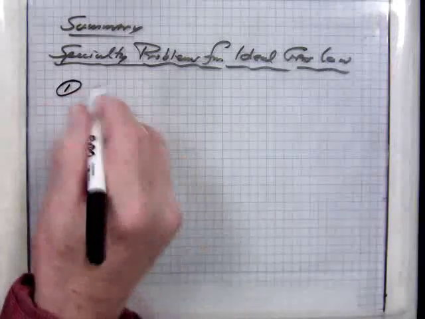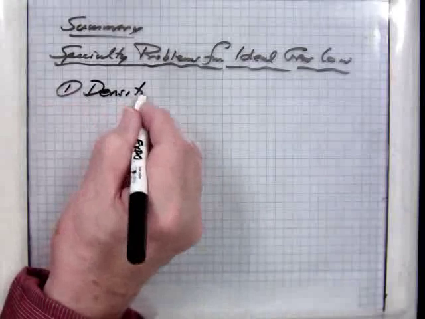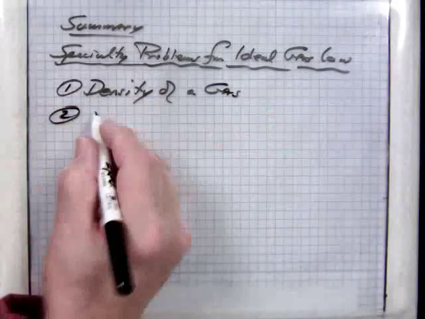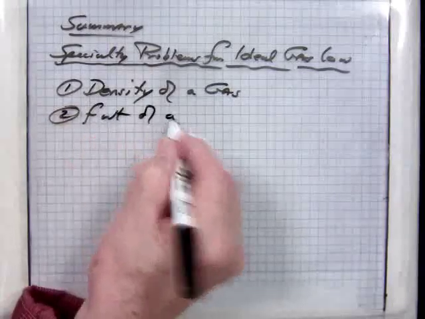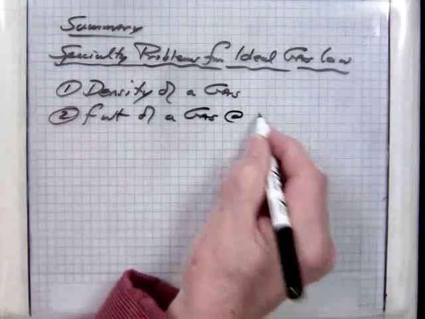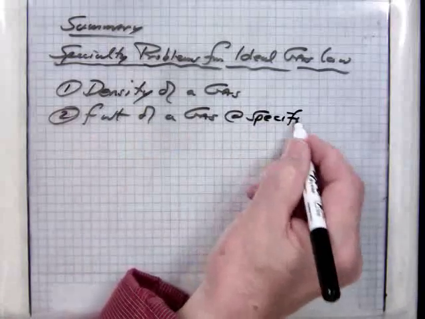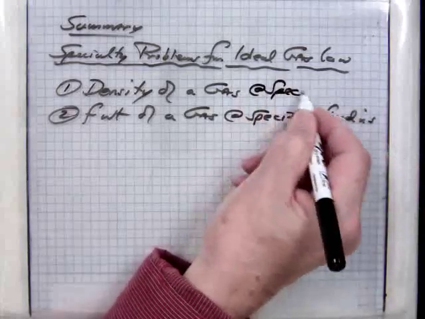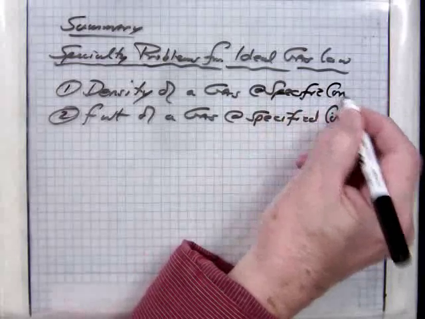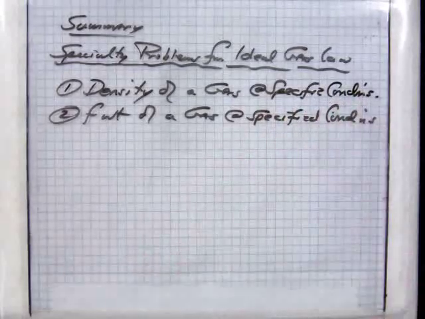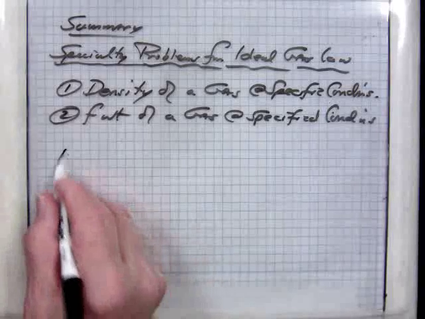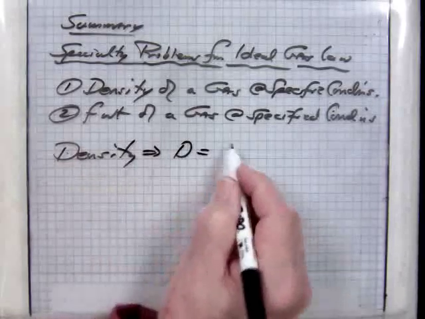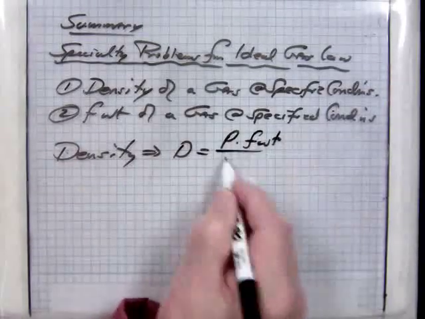Especially one is density of a gas, and the second one, of course, is the formula weight of a gas at specified conditions. So that's the essence of each problem. For a density problem, density equals P times formula weight over RT.